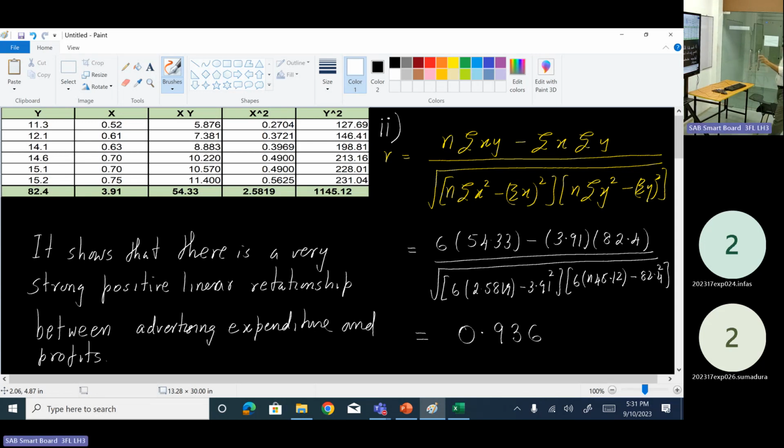After getting this value, you round it to two decimal places, 0.94, then on your scale, you see in what region that value falls. That falls in the very strong positive region. That shows that there is a strong positive linear relationship between what and what we are talking about, advertising expenditure and profits.